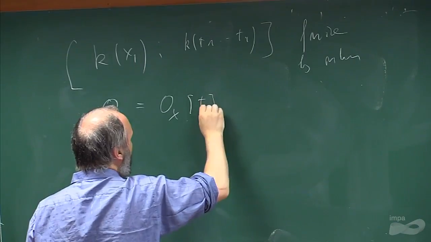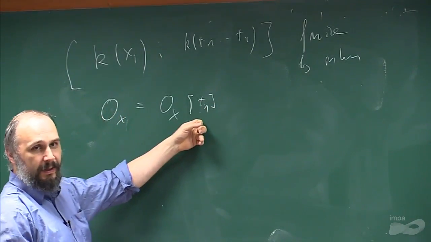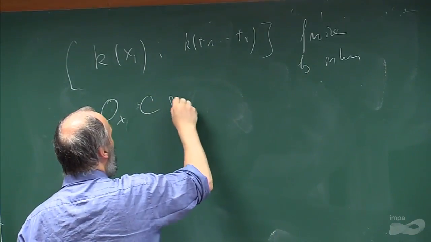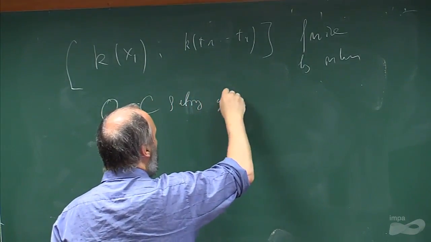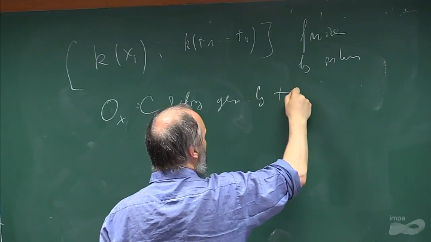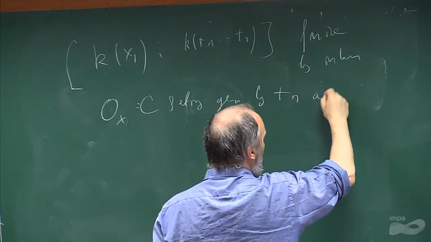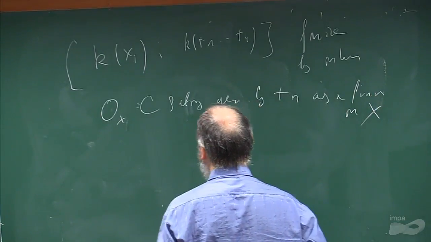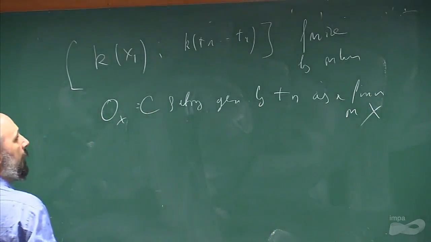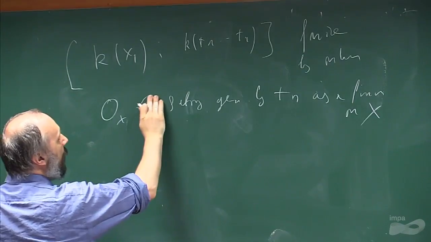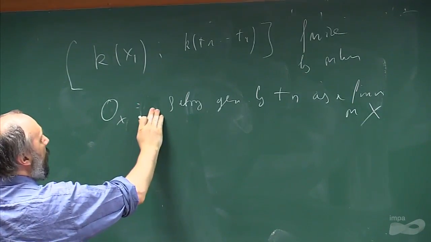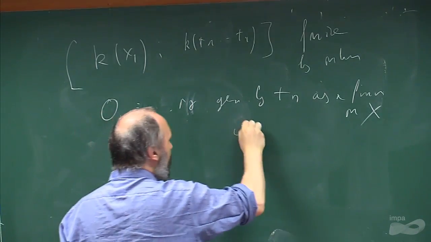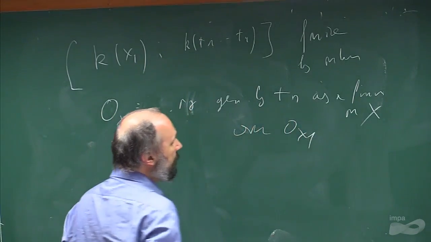I write Tn here, but this is not polynomials; this is the subring generated by Tn, considered as a function on x. So it's a ring generated over O of X1.